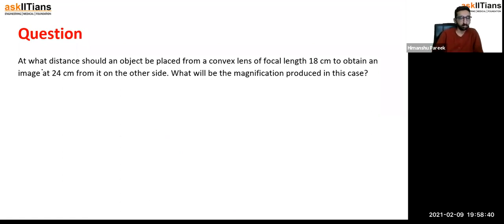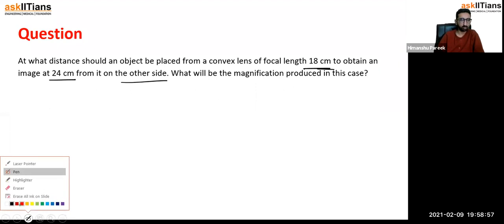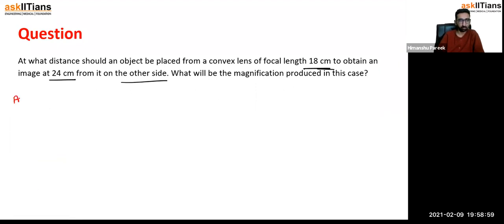At what distance should an object be placed from a convex lens of focal length 18 centimeter to obtain an image at 24 centimeter on the other side? So focal length is given, 18, and magnification they have asked in the question. So that's a convex lens.